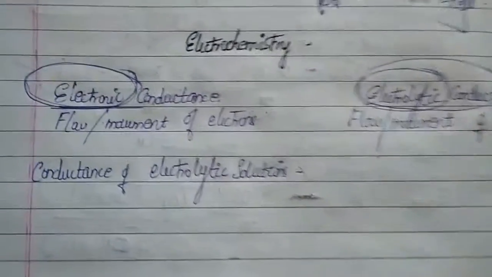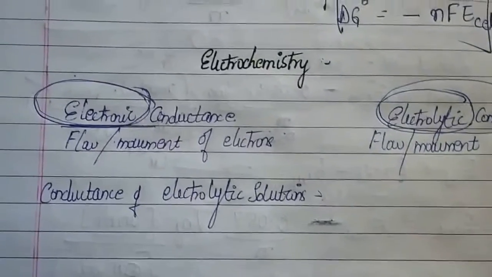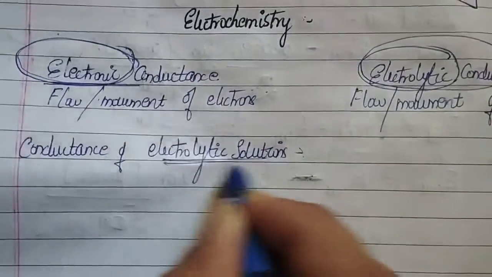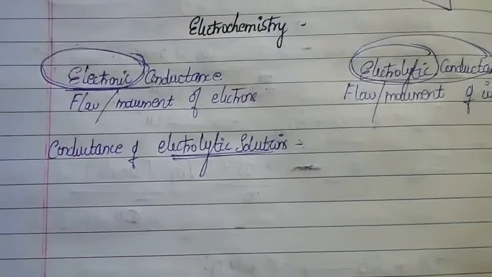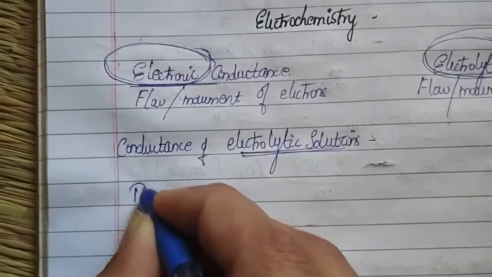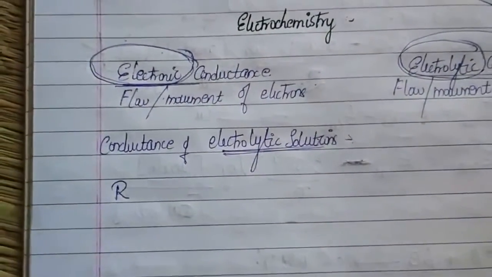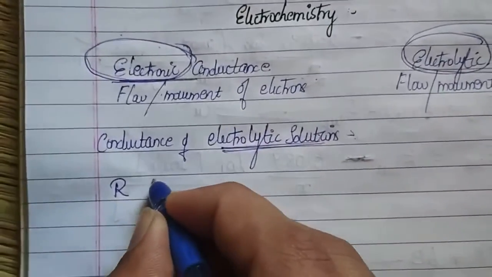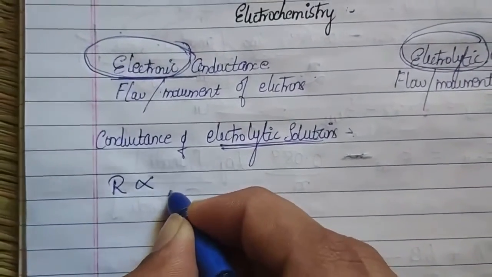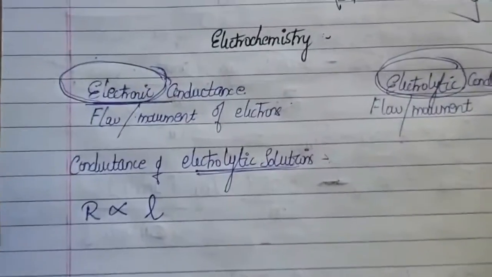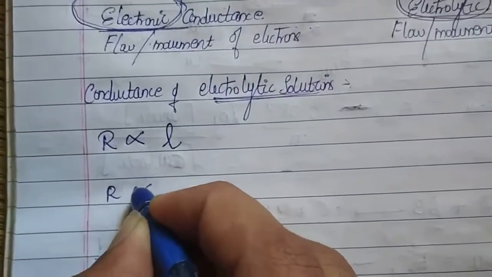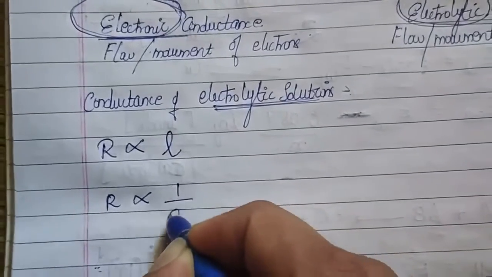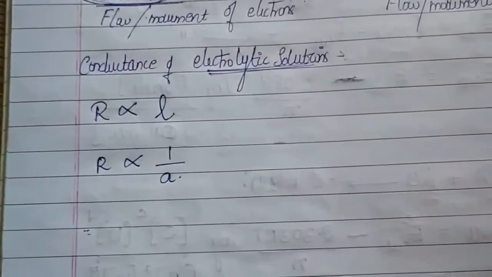So applying Ohm's law to such electrolytic solutions, we observe that the resistance of the solution is directly proportional to the distance between the two electrodes and inversely proportional to the area of cross section of those two electrodes.